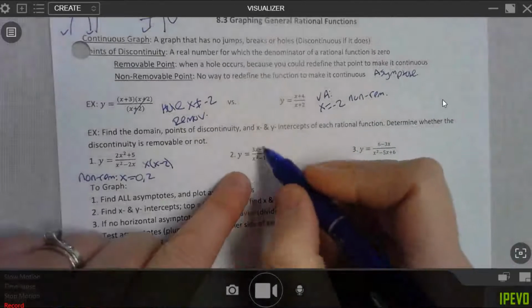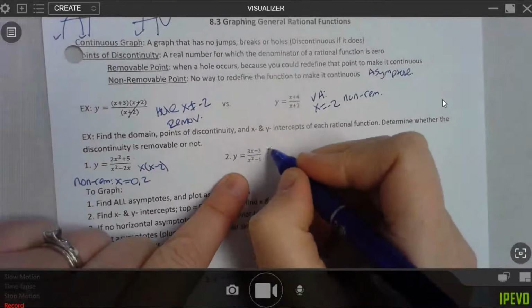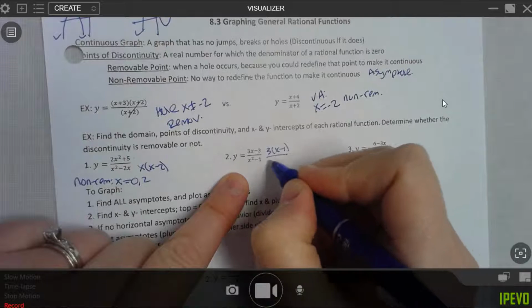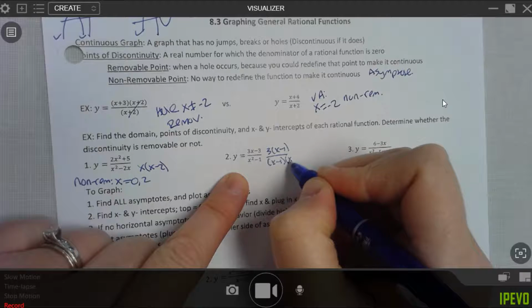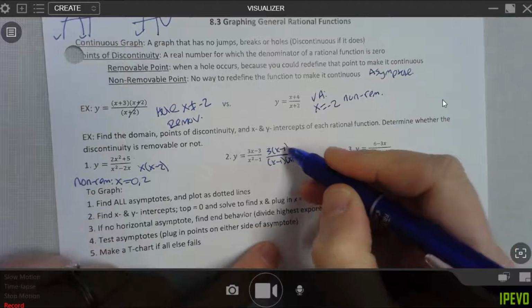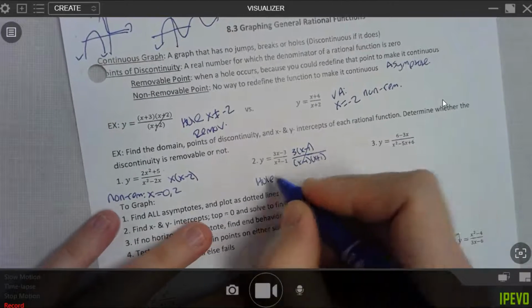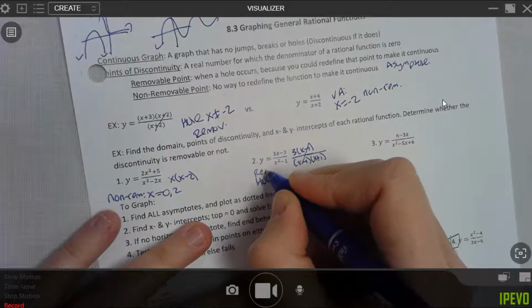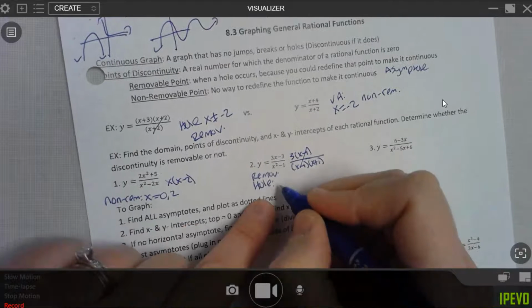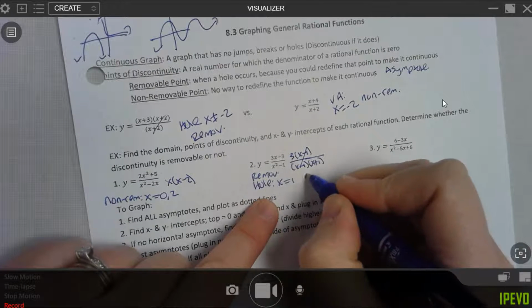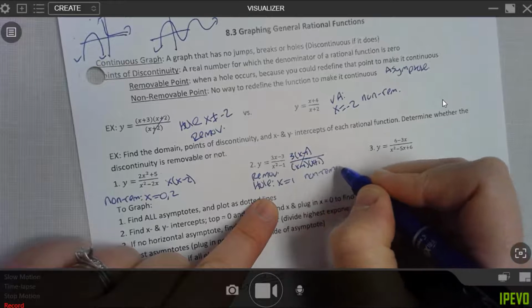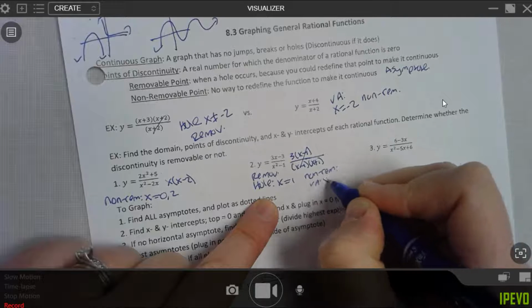For this one right here, factor your top and bottom. The x minus 1 is going to cancel, so I'm going to have a hole where I canceled. This is called a removable point. The holes are removable, where x is 1. And then the non-removable points are your vertical asymptotes, and that's at -1.